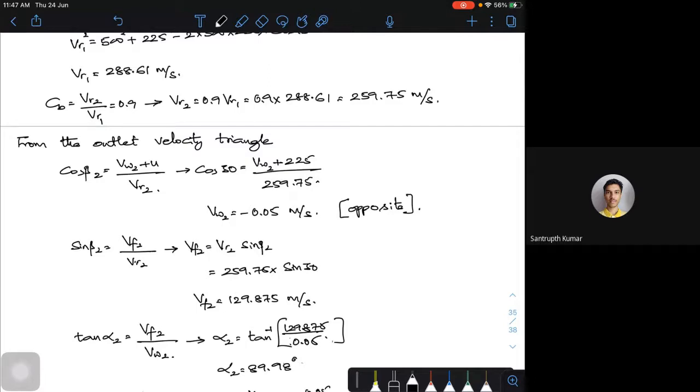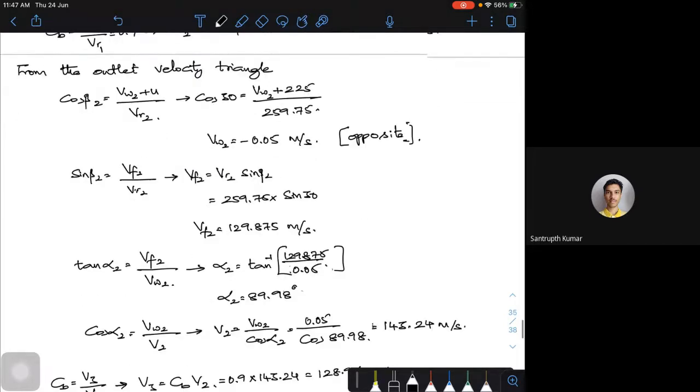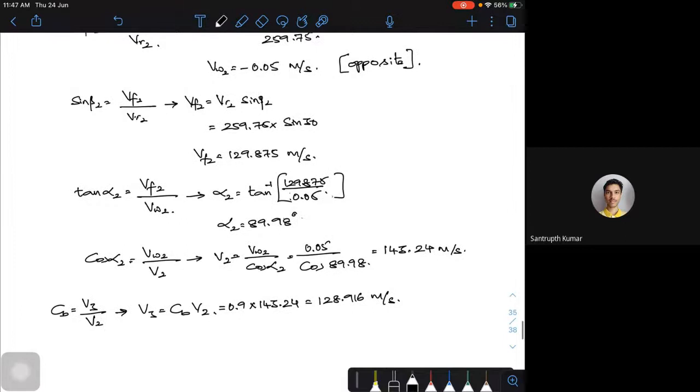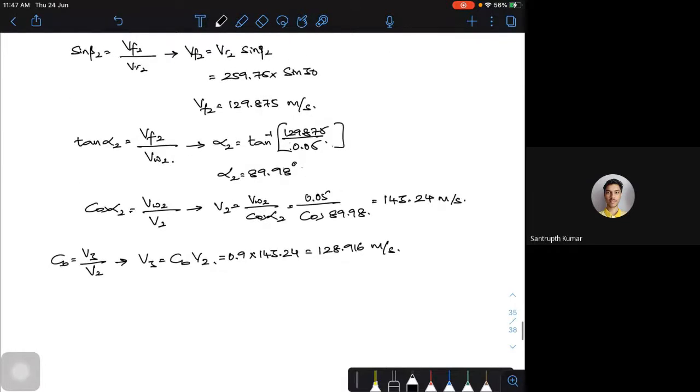Roughly it is nearer to VF2, because VW2 is 0.05. So let me retain this 0.977 actually, that will be very close. So this will be nearer to 129. Roughly around 129.87 actually.